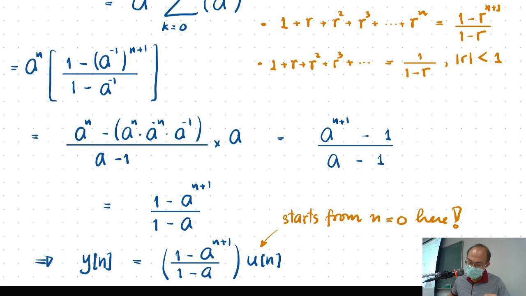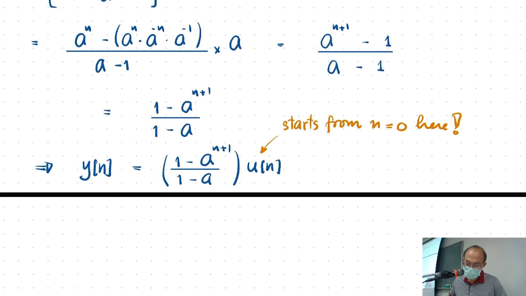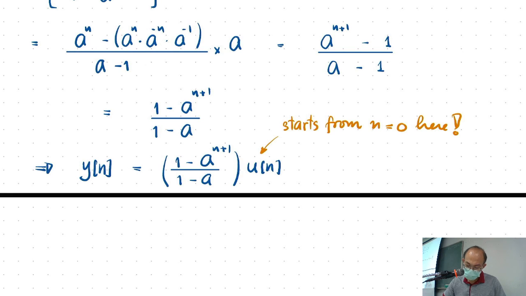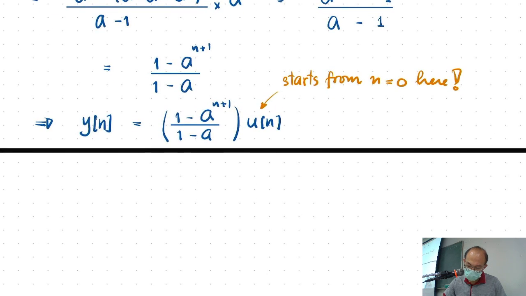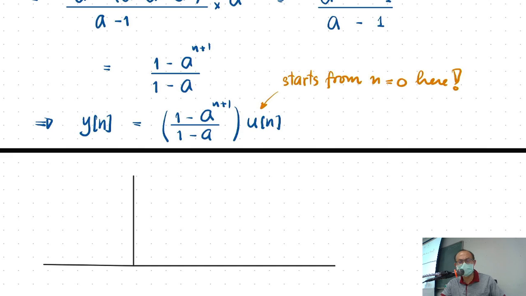All right. Now, if you want to plot this graph, you will find that the graph of y, the zero state response for the unit impulse, I'm sorry, unit step is this.